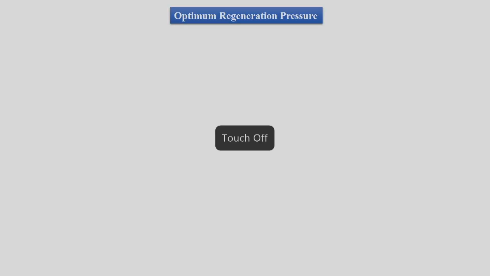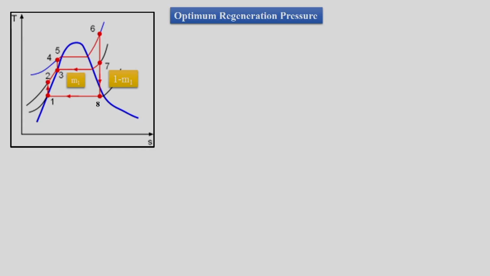But if we are working with regeneration as a major reason for targeting improvement in the efficiency of the steam power cycle, then where should we take the bleed from the turbine expansion process? That is what we call the optimum regeneration pressure. So we are supposed to find out what the optimum pressure for regeneration is.